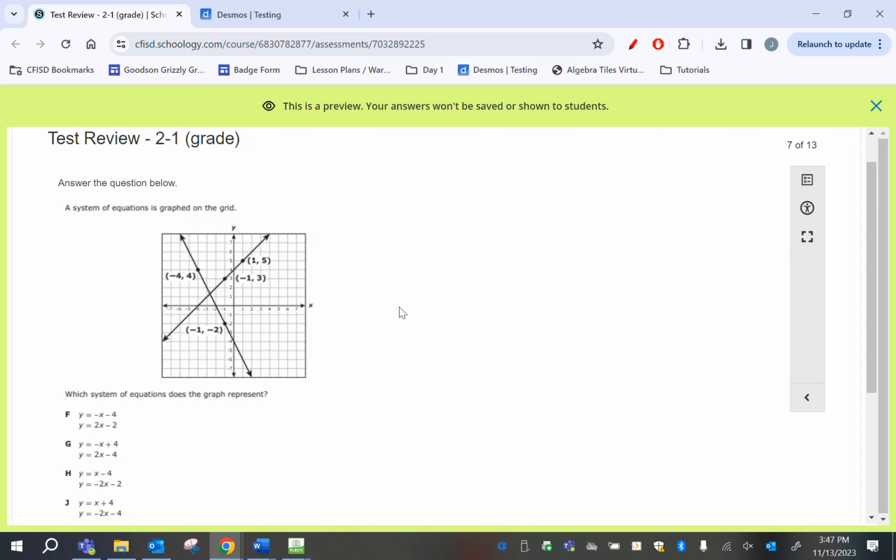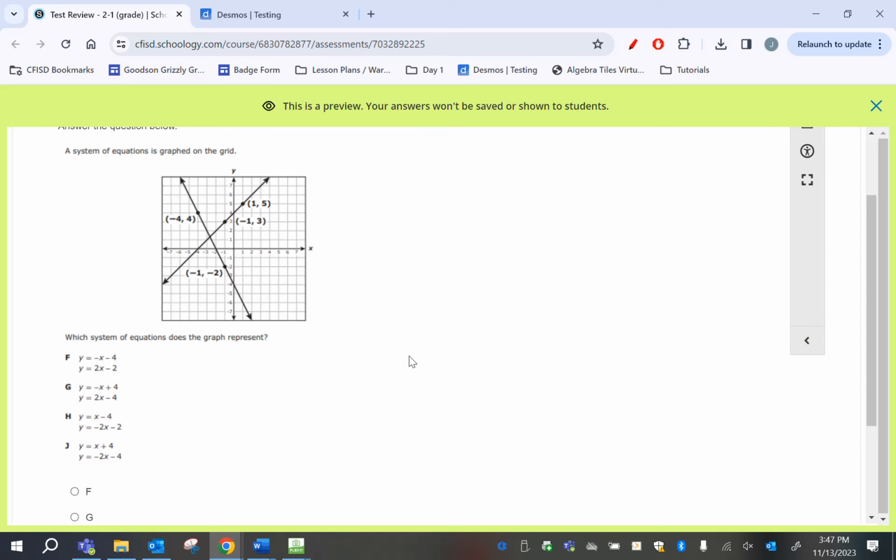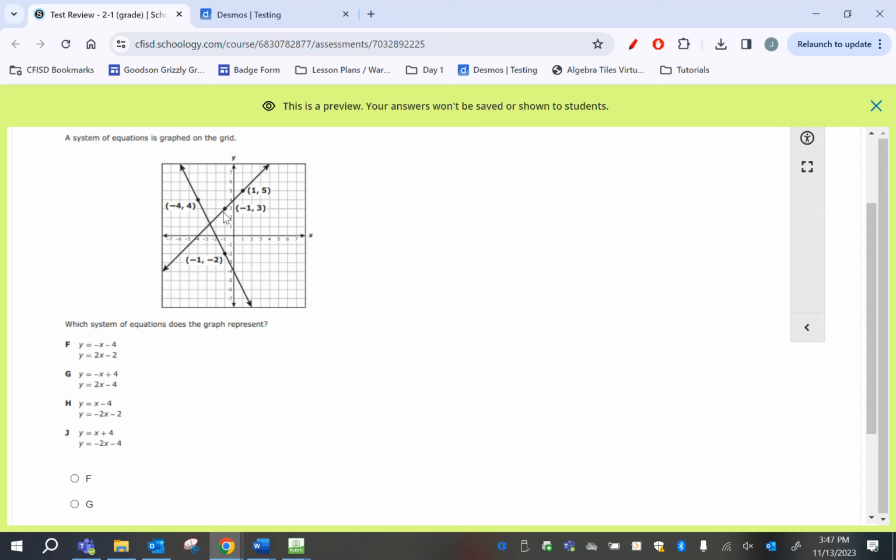So for this one, they give you two lines, and they're asking, which system of equations does this graph represent? So what I recommend you do is use these 2 points on each line and find the equation for each line. Maybe you can identify the y-intercept of one line and the y-intercept of the other line and start eliminating answer choices that way.